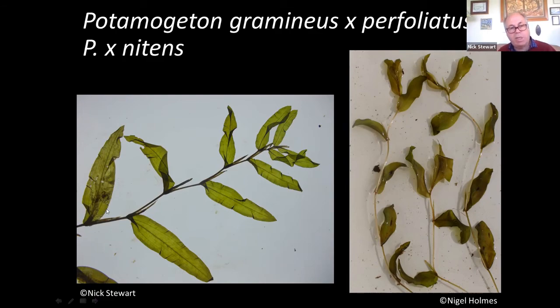Normal gramineus would just be tapered gradually into the stem, whereas if you see a gramineus with a rounded base, then it's quite likely to be this hybrid. You do get ones which are a bit more perfoliatus-like, and if so, the character that would easily separate it is that the stipules are persistent. So if you see a perfoliatus that has persistent stipules, then it may be this hybrid.